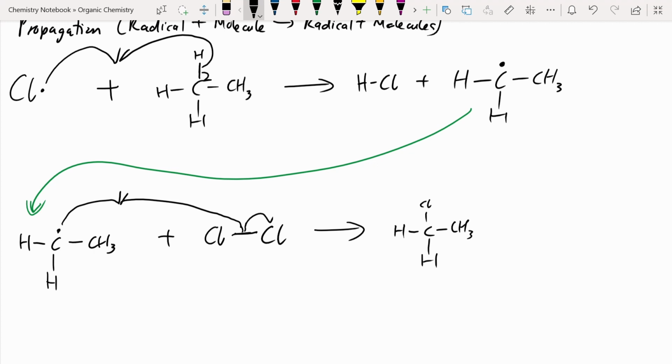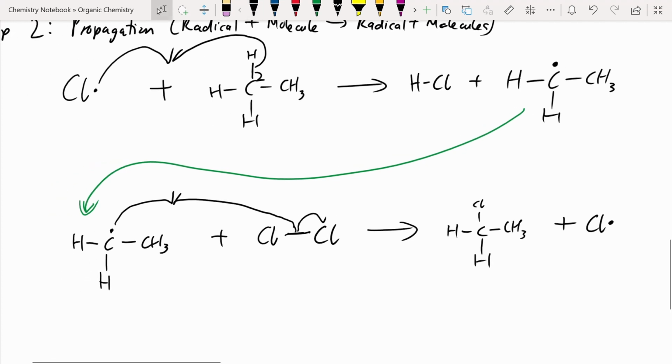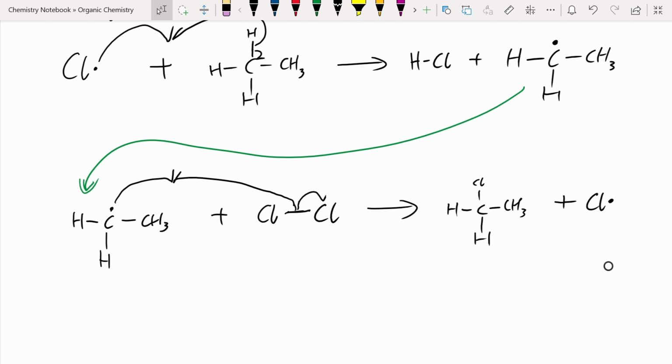So with one chlorine and your chlorine radical, because your chlorine atom takes one of the unpaired electrons, one of the bonding electrons.